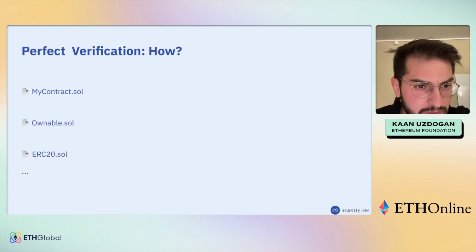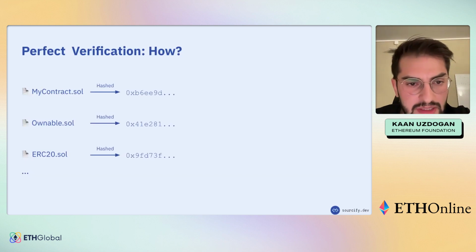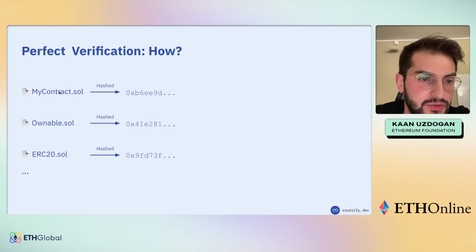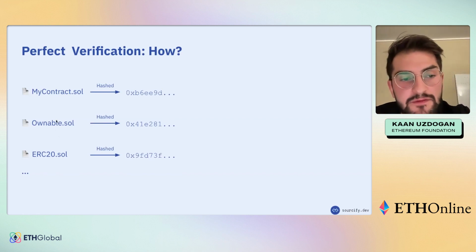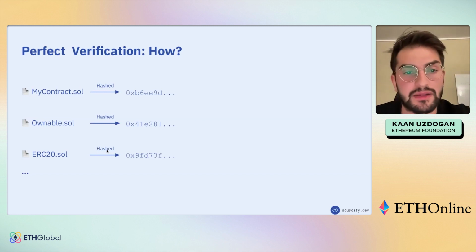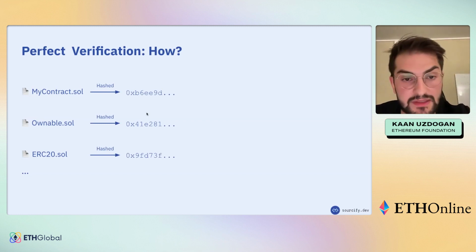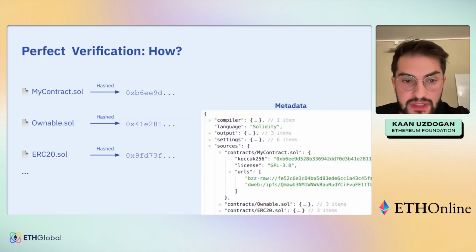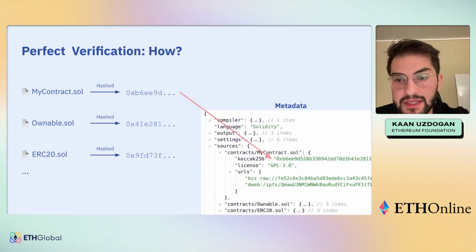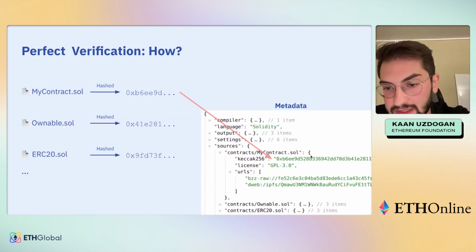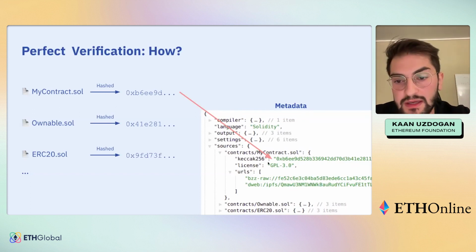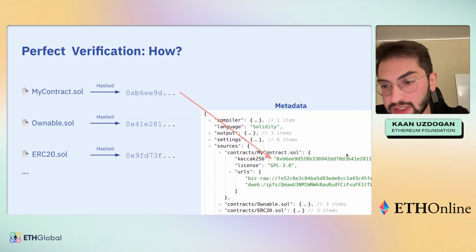And how does it work? So let's see in the case when something matches. So we again have the source code files. Then these files are hashed by the Solidity compiler. The compiler hashes it actually when you are compiling the contract. Then the hashes of these files are embedded in your metadata. So when we looked at the metadata file, we saw that the hash of the source files are also included.